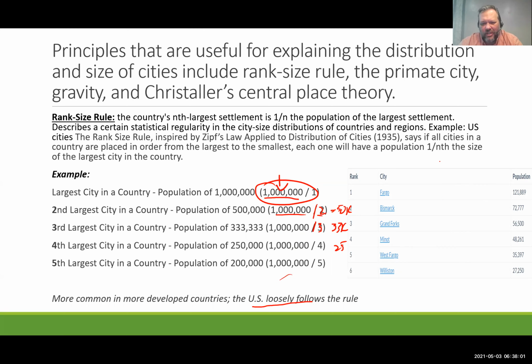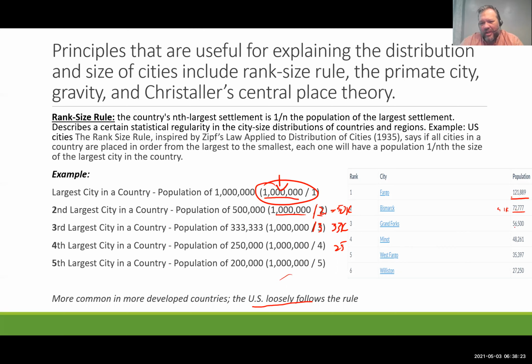And so you can see over here, if we look at Fargo, Fargo is the biggest city here at 121,900 or so. And then Bismarck, if we divide this by two, there'd be 61,000, which is not quite.